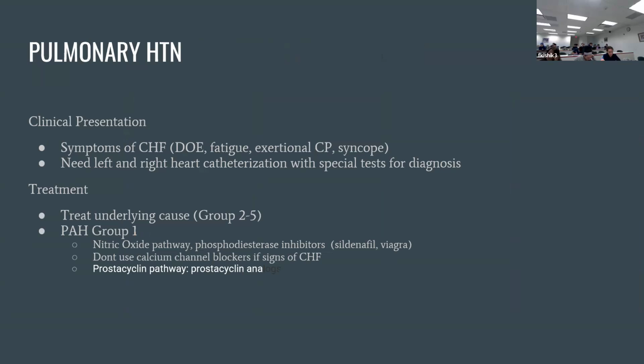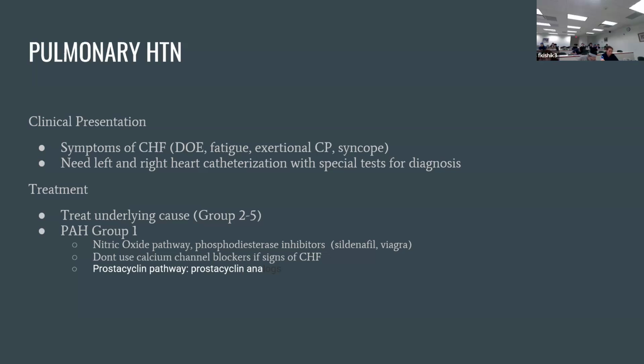So clinical presentation, it's going to look like CHF. They're going to have shortness of breath with exertion. They're going to be fatigued. They're going to have exertional chest pain sometimes, and they may have syncope from hypoxia. You need a left and right heart cath with special tests for diagnosis. We need a left heart cath because we have to determine if it's from coronary artery disease.